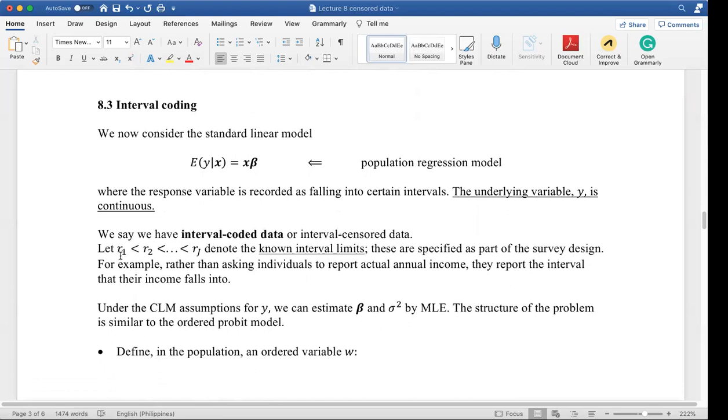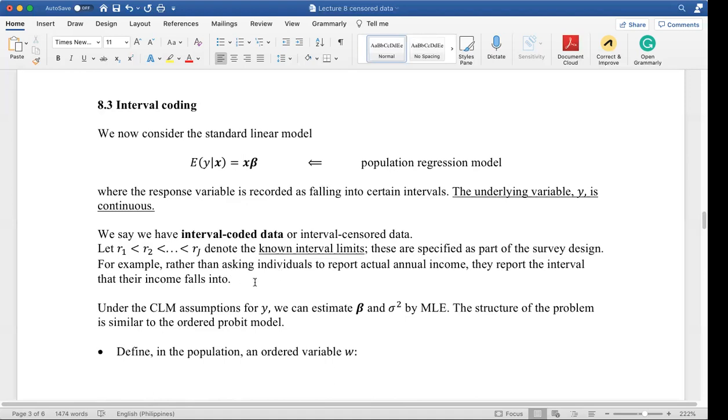Okay, so let R sub 1, R sub 2 down to R sub J denote the known interval limits. These are specified as part of the survey design.